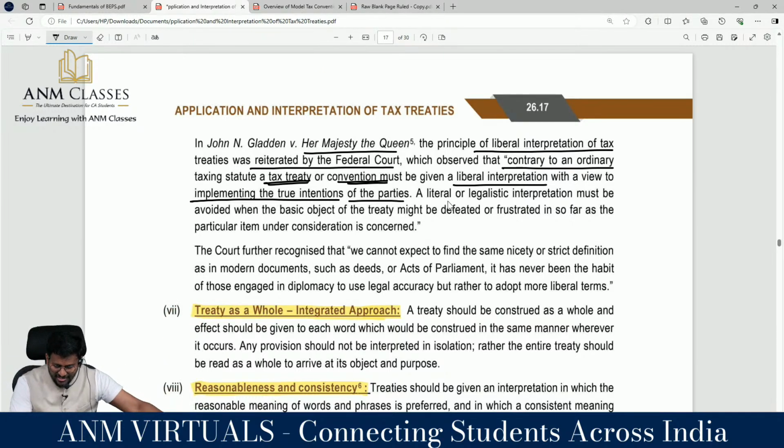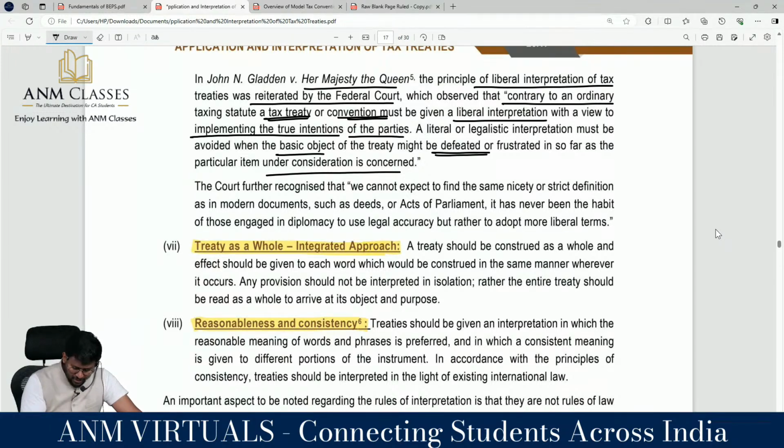Literal or legalistic interpretation must be avoided when the basic object of the treaty might be defeated or frustrated in so far as the particular item under consideration is concerned. ரொம்ப tight interpretation கொடுக்காத, relax it. Sir, that's what they are saying. The court further recognized that we cannot expect to find the same nicety or strict definition as in modern documents as the deeds or act of parliament.